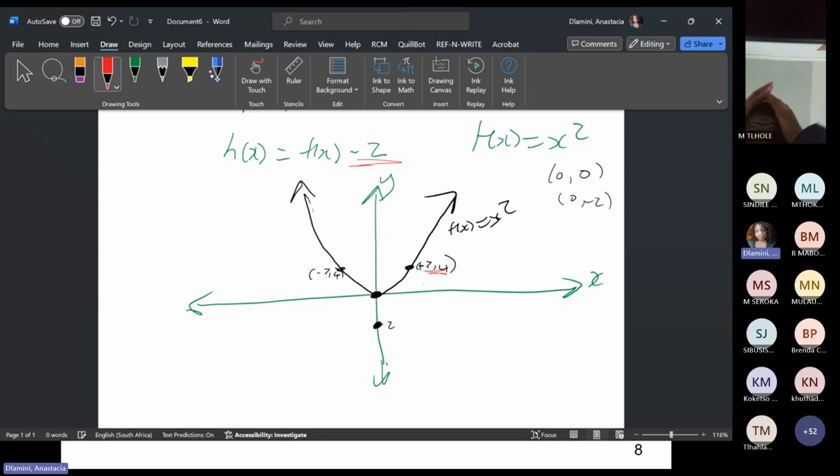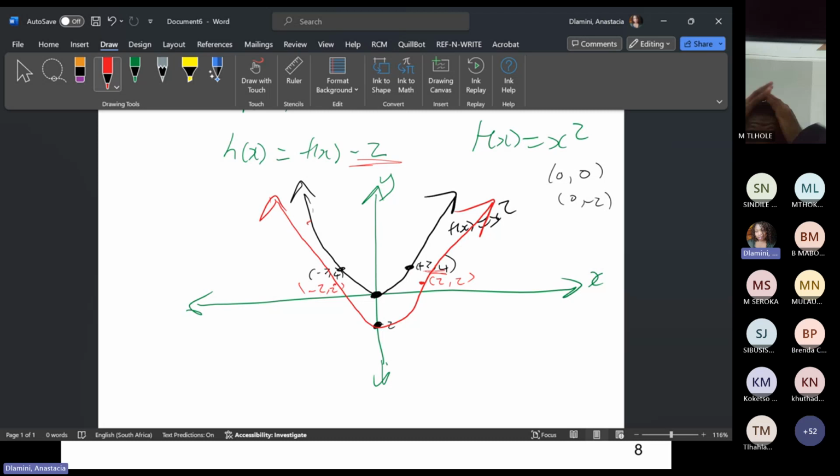So it'll be somewhere here. Meaning that every point we're shifting down. So from just these 3 points, we can draw our parabola. And you see that our parabola will look like this.